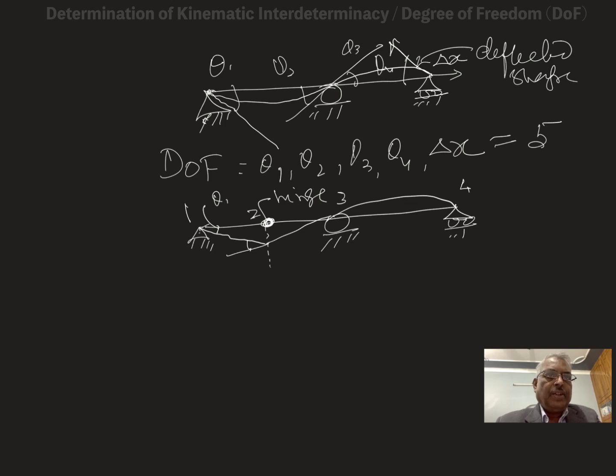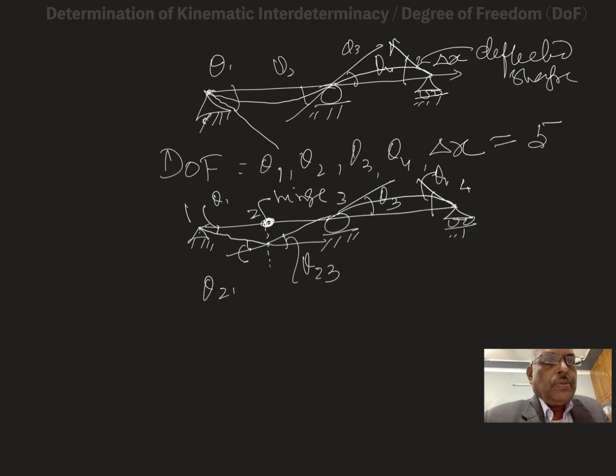It will be different. The support here is a hinge, so this is theta 2. This will be different because the condition here is simply rotation. Therefore, the condition is different, so this is the slope. Here the slope will be different, and here the slope will be different. So here there will be 2 extra slopes.